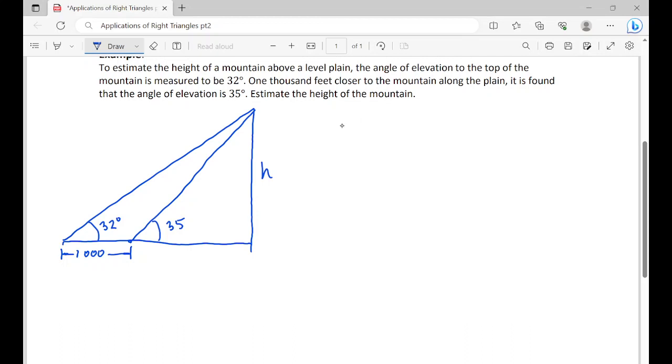So tangent of 32 degrees is equal to the opposite, which is the height, over the adjacent, which is this entire distance here. Now I don't know what this distance is. It's unknown, but I know it's 1,000 plus an unknown, so I can say 1,000 plus x, because this distance here to here is unknown.